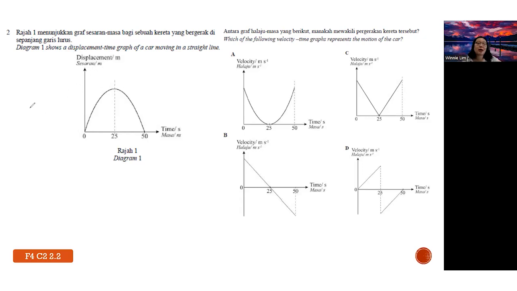Basically, we can get the gradient. The gradient of the graph is displacement over time, which is equivalent to the idea of velocity. Due to this idea, we're going to take instant points and find out their gradient.